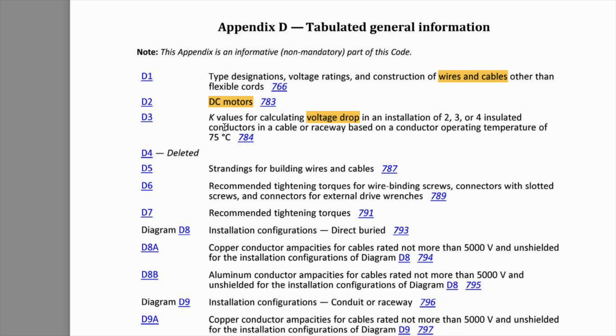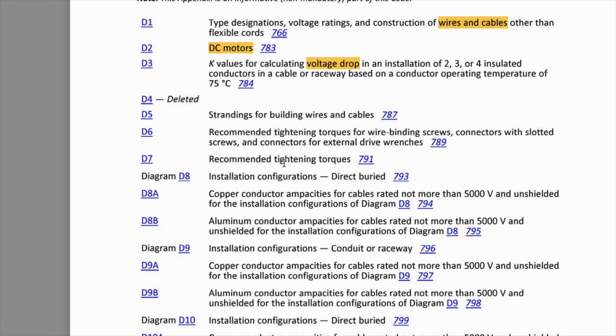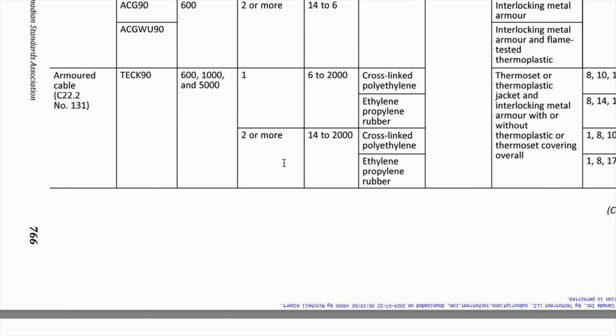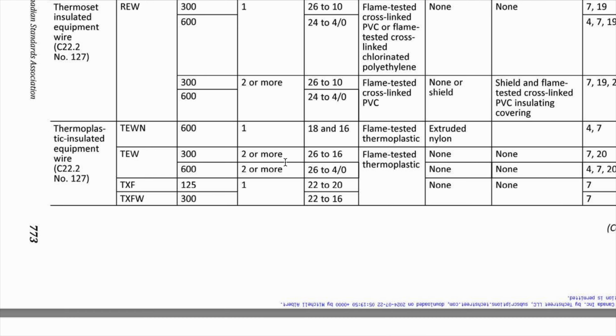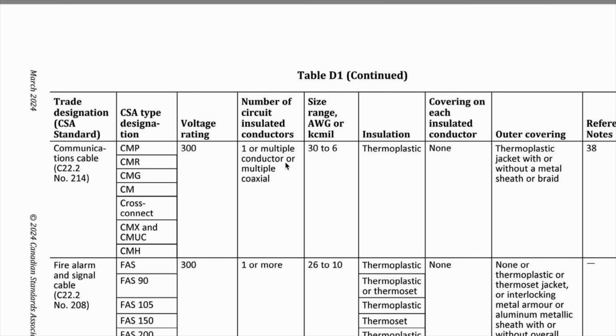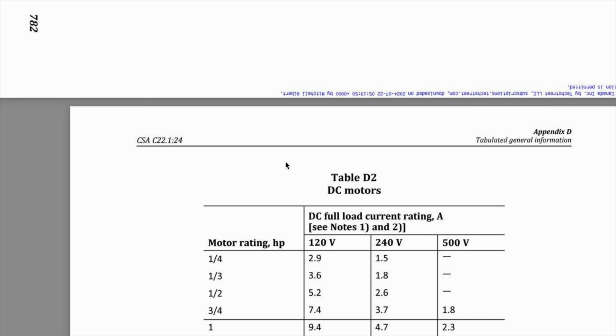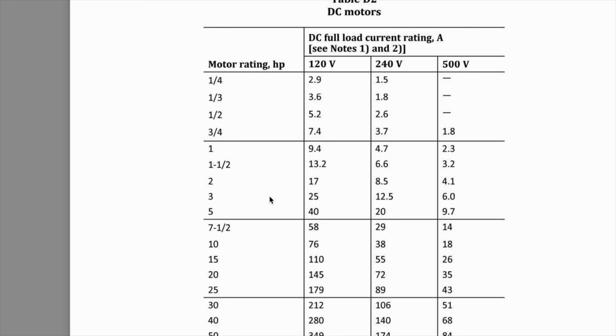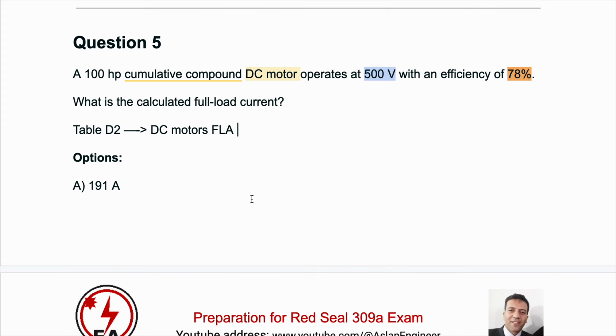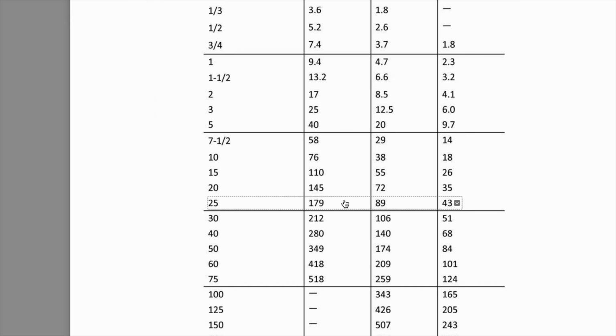Okay, so let's go just for review. Let's go to table D2 for DC motors. We can find information about DC motors in table D2. So what was the horsepower? It was 100 horsepower.